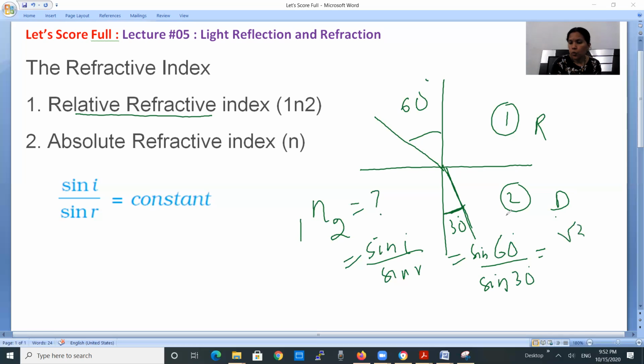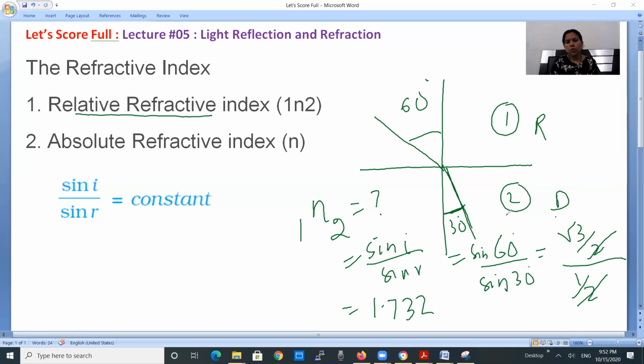Sine 60 root 3 by 2, and sine 30 1 by 2. So 1 by 2, 1 by 2 cancel, root 3. Root 3 value is 1.732. So the refractive index of medium 2 with respect to medium 1 is 1.732.